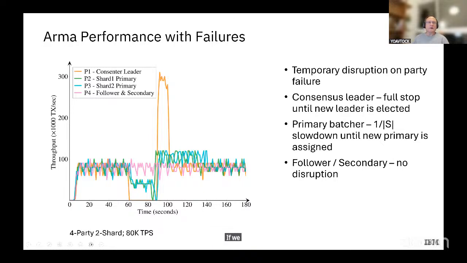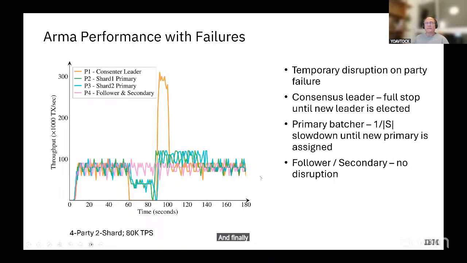If we drop either party 2 or party 3, they have a primary batcher in shard number 1, or in the case of shard number 2, a primary batcher in shard number 2. When a primary batcher fails, we see a one second drop in performance until a new primary is assigned. That's the green and blue lines.